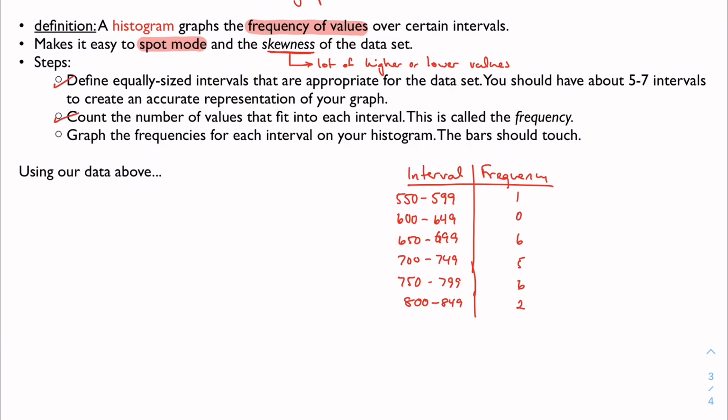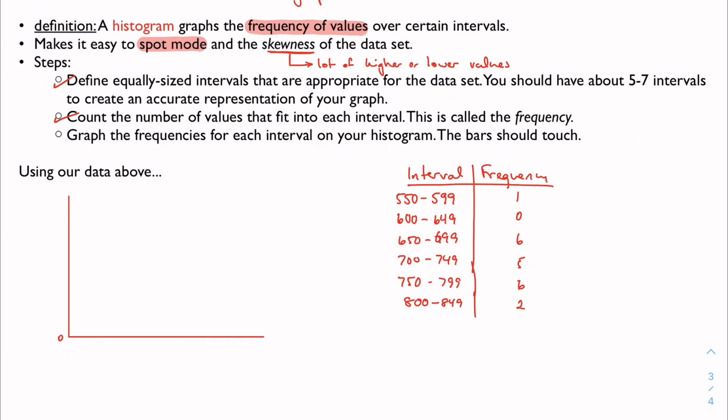We've done the first step. We've done the second step, count the number of values that fit into our intervals. This is called the frequency. Now we're just going to graph frequency with the intervals, and our bars should touch.